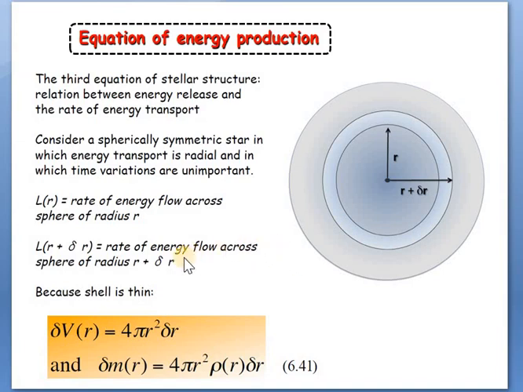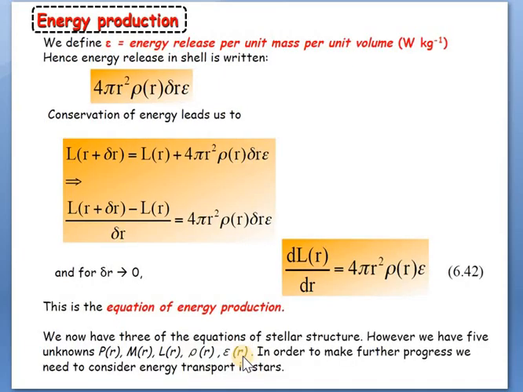Okay, now since our shell is thin, we have this sort of relationship, and also we have this as well, and as a result, if we define epsilon as the energy release per unit mass per unit time, then the total energy release in this shell is written in this form.